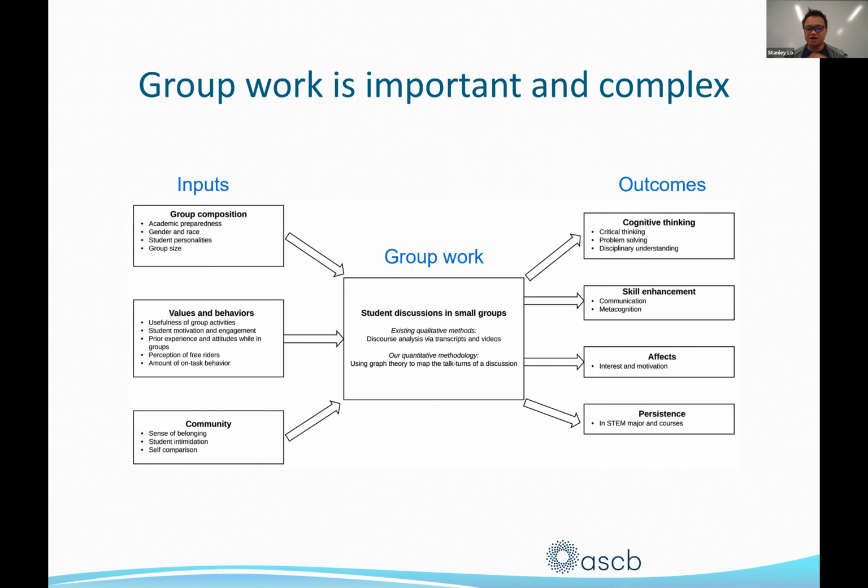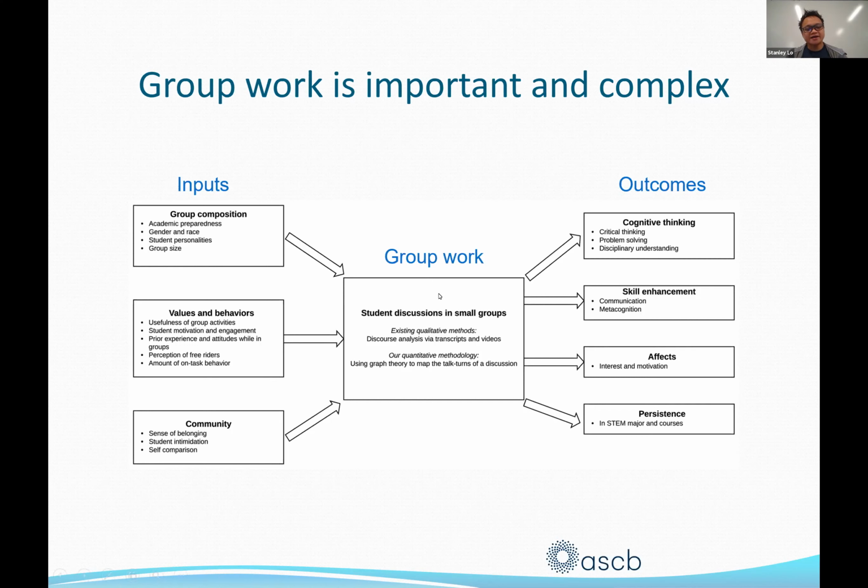And there's a lot of literature on student outcomes, which is on the right-hand side of the slide, where active learning or various kinds of interactive classroom strategies are correlated with better student outcomes in terms of either cognitive thinking or content learning. It's related to skills development, such as communication and metacognition. It increases students' interest and motivation, and also increases continuation and persistence in a lot of different STEM disciplines.